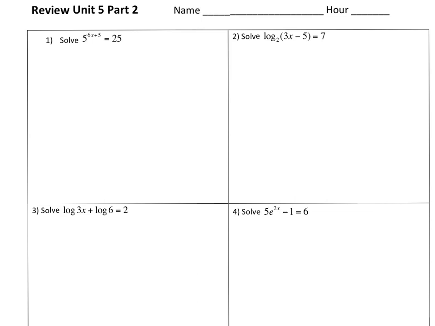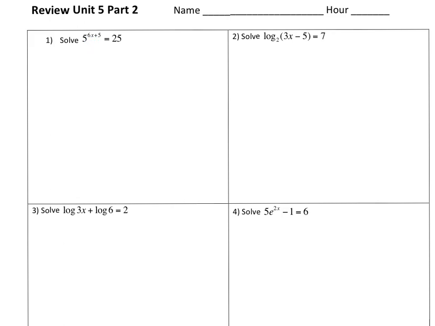For the first question, you need to solve. First ask yourself, what do I need to do to get the exponential part raised to the x power by itself? In other words, I want to get this 5 raised to the 6x plus 5 by itself. Well, it's already by itself. The second question you ask yourself is, do you see a log?